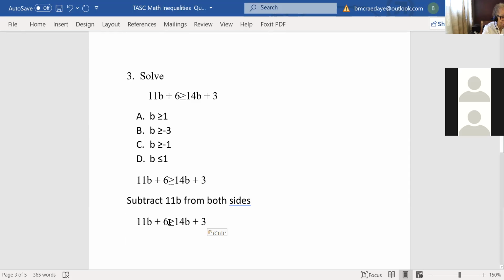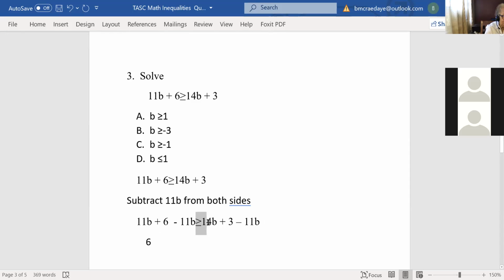So on the left side, we'd put minus 11B. And on the right side, we put minus 11B. So what do I get on the left side, Vanessa? What's left right here if I subtract 11B from 11B? 0. That's right. So what would I have left on the left? Just 6. Just 6, right. Very good. Then what do I have on the right side?